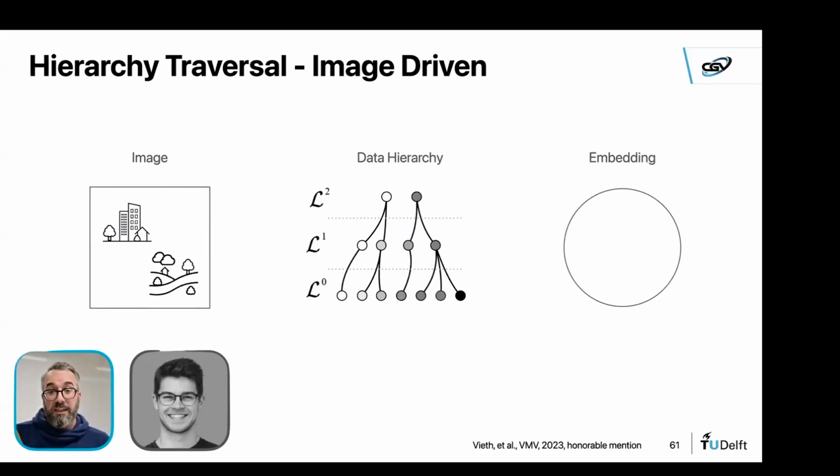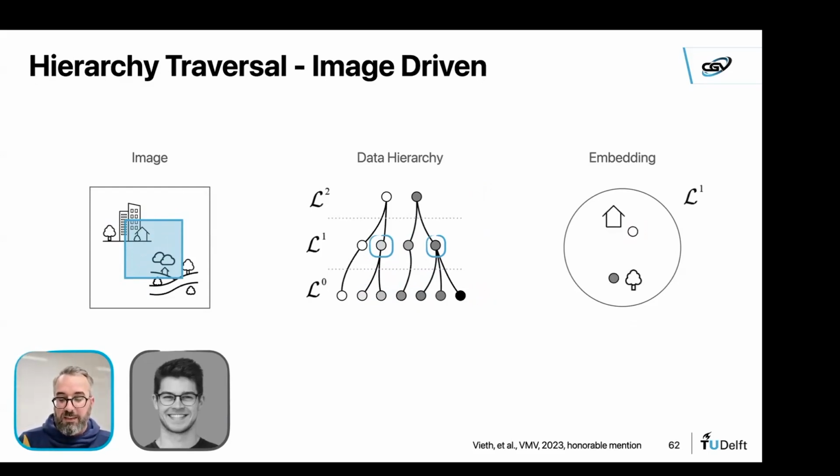Now, if we look at images and steer this with the image, we actually have to reverse this. If I make a selection in the image, we look at which pixels are actually covered by this area. So this might be these pixels in our data hierarchy. And now, to find the right level of detail to show this in the embedding, we just traverse the hierarchy up until we find an amount of landmarks that would give us good resolution in the embedding space.